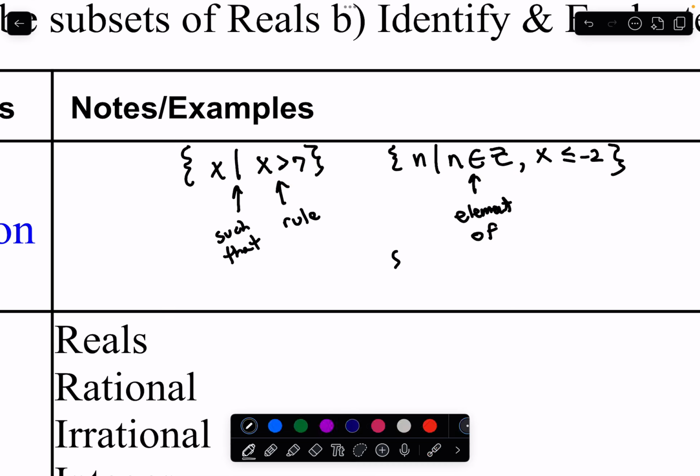Sometimes it's just a listing of the set, such that n is 1, 2, 3, or 7, whatever that is, okay? So it's just a way for us to classify a set. It's really helpful when it's not a subset of the real numbers, like if it's some of the integers or the whole numbers or things like that.